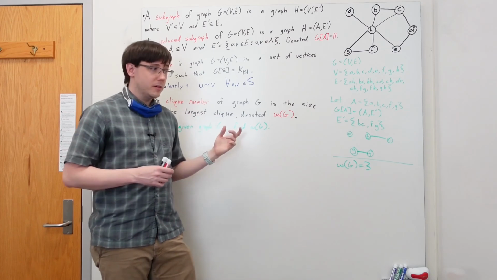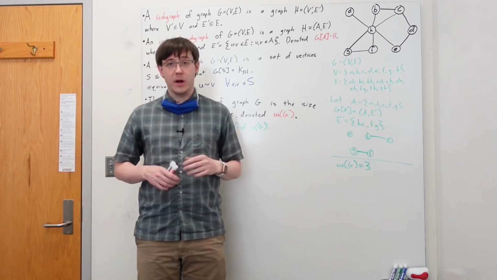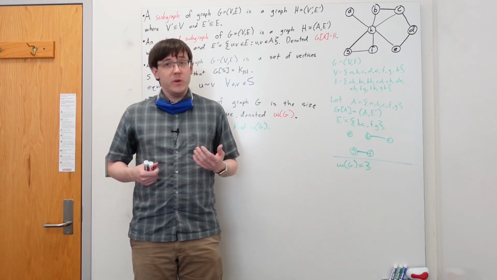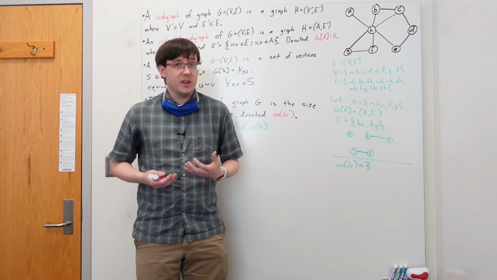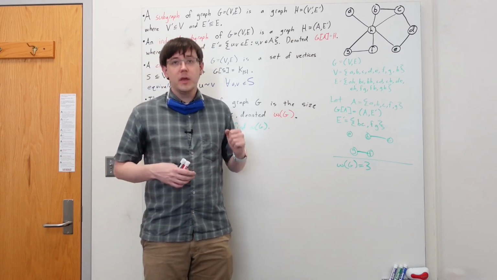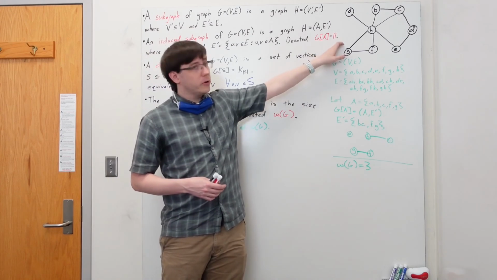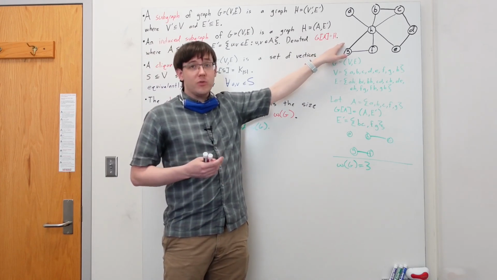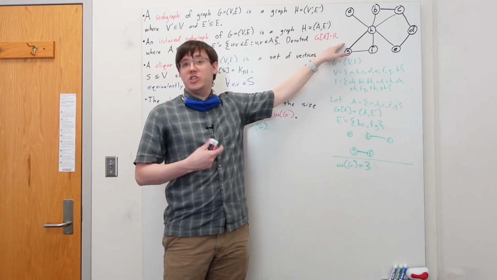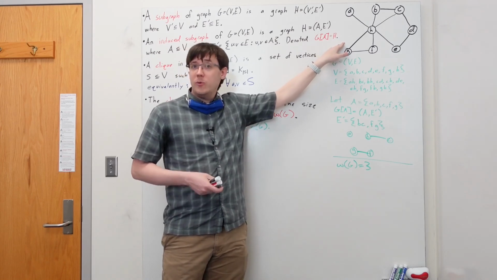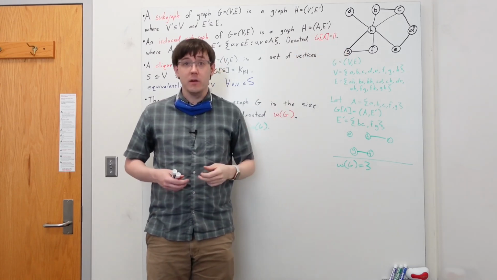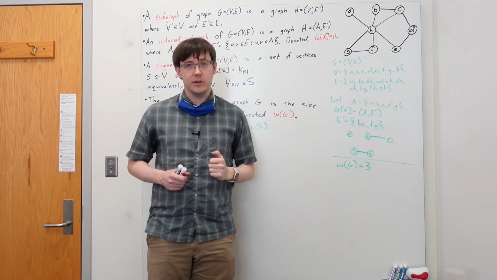So if finding the largest clique is a hard problem, then maybe we can think about what is in some sense the inverse problem. Namely, instead of looking for subgraphs where all of the vertices are adjacent to one another, maybe we could look for subgraphs where none of the vertices are adjacent.